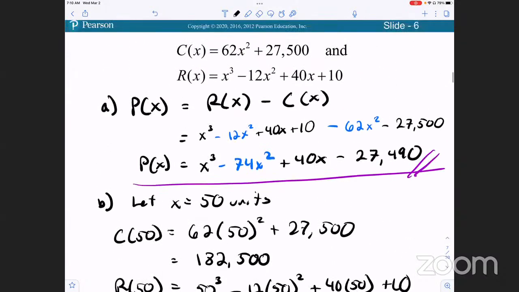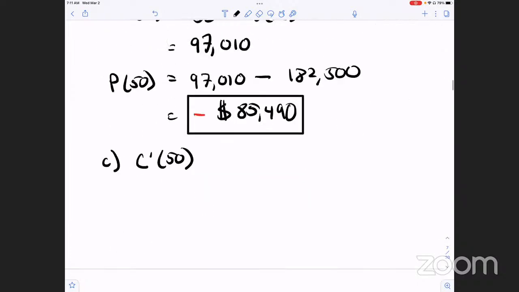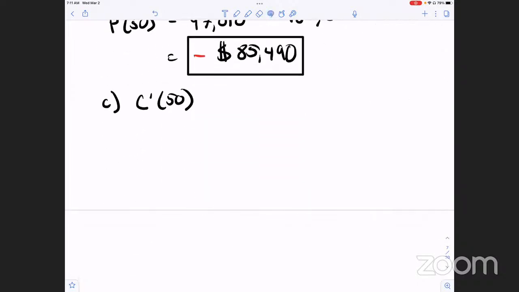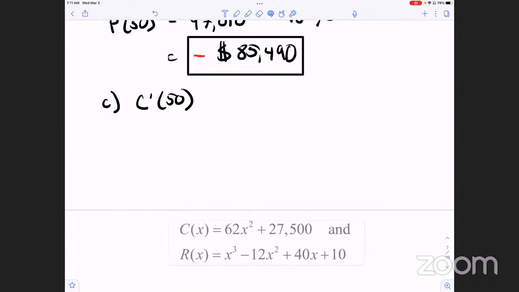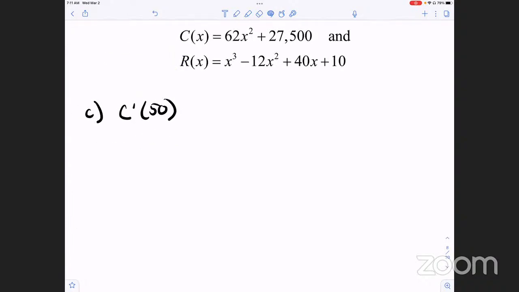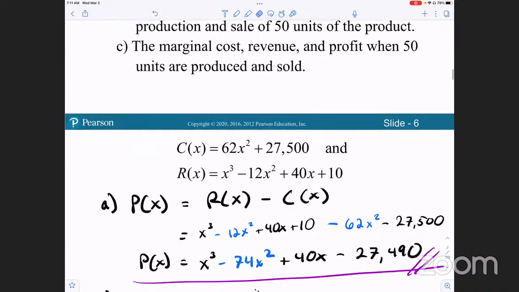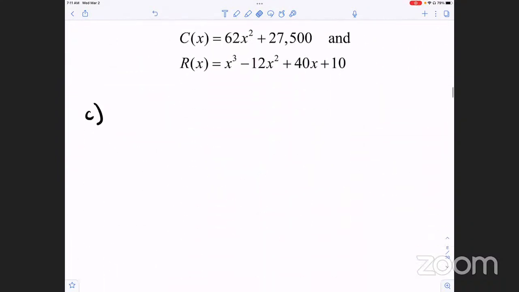So let's take the derivative of these. Instead of using that approximation, let's just go ahead and find C prime.